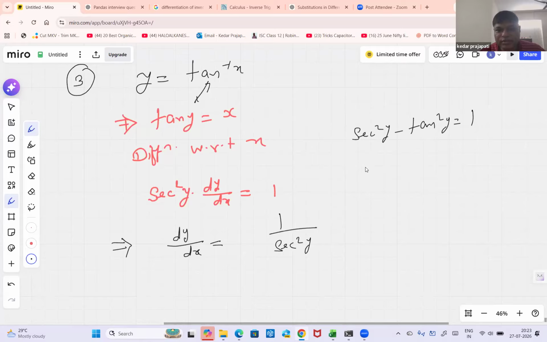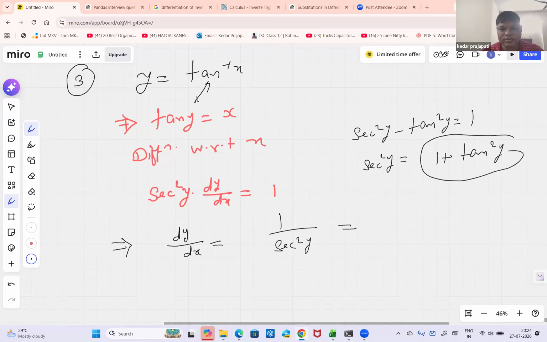So from here, secant square y will be how much? 1 plus tan square y. Now I just want to substitute this here. How much will it come? 1 plus tan square y. And we know tan y is x. So this will be 1 by 1 plus, in place of tan y, you will be writing x. So this will become x square. Correct? Any doubt? Yes.